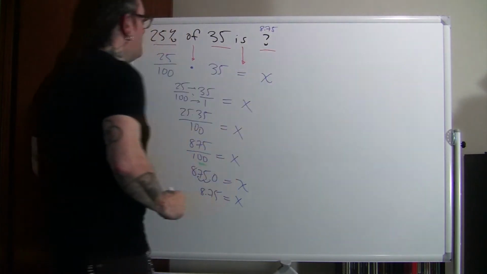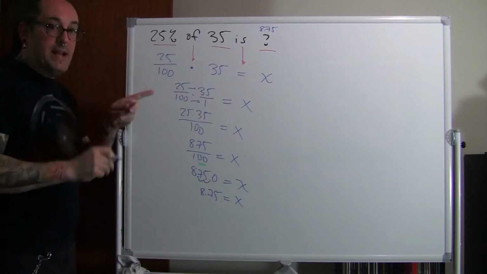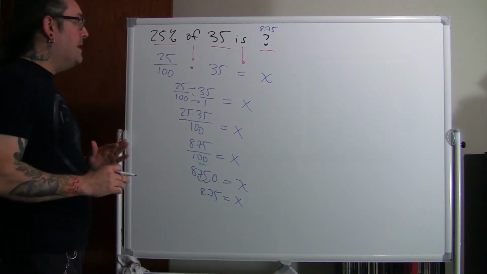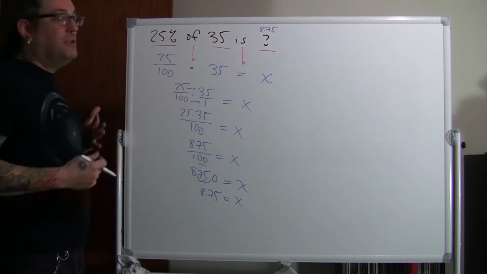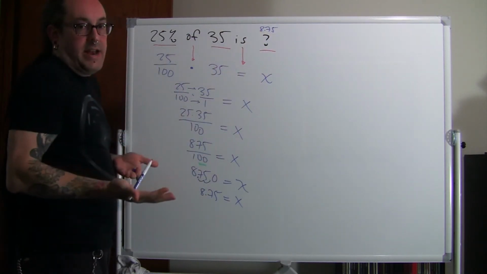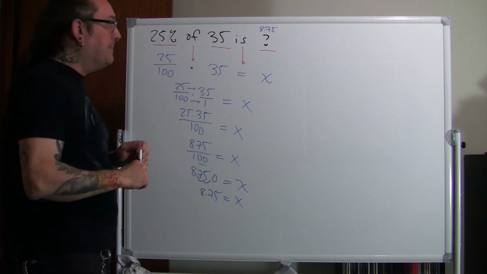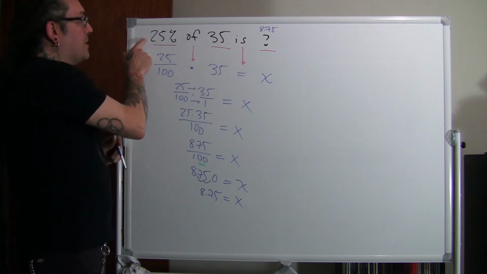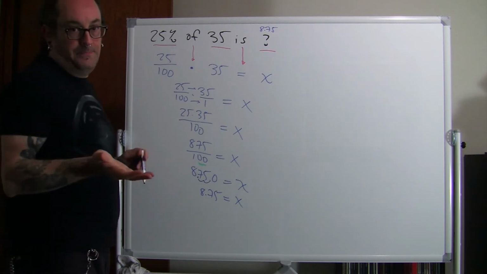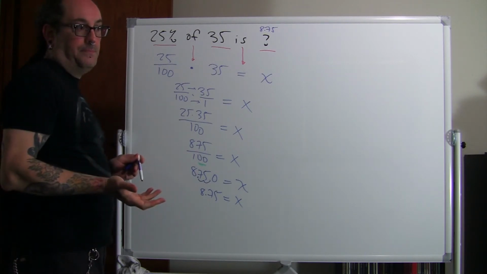Does this make sense is the next thing that we should talk about for a moment. Let's use our estimating skills. 8.75 is nearly 9. Let's say that it's 9. And we also learned just a moment ago that 25% is 1/4 as a fraction.